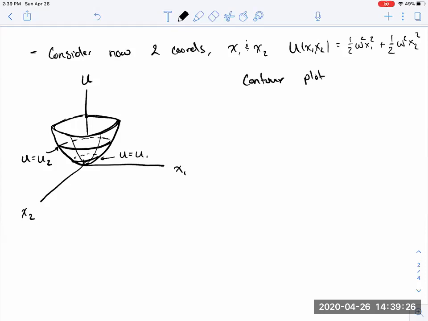I could try to draw that in 3 dimensions like I have before, or I could draw this parametrically in x1 and x2 with lines of constant potential. So here's that line of constant potential u1.